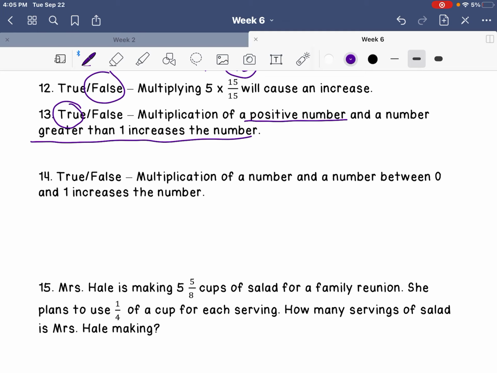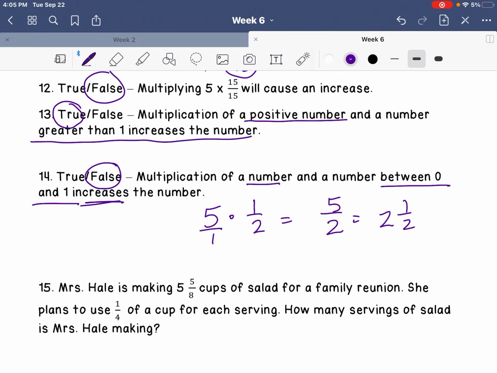That is false, because if you multiply a number by a number between 0 and 1, that is going to cause a decrease. For instance, if you multiply 5 times 1/2, you're going to get 5/2, which is equal to 2 1/2. And that's not an increase.